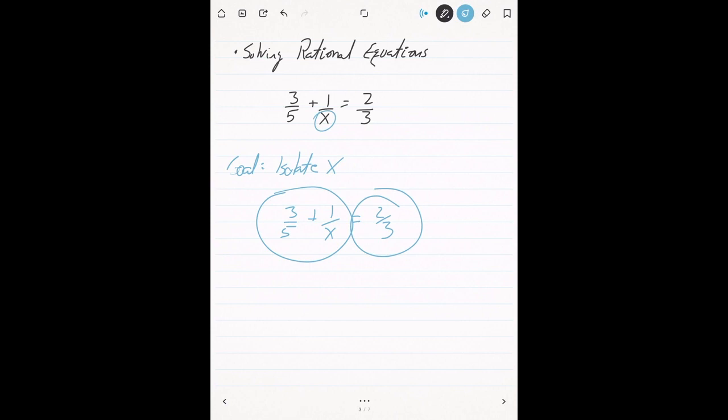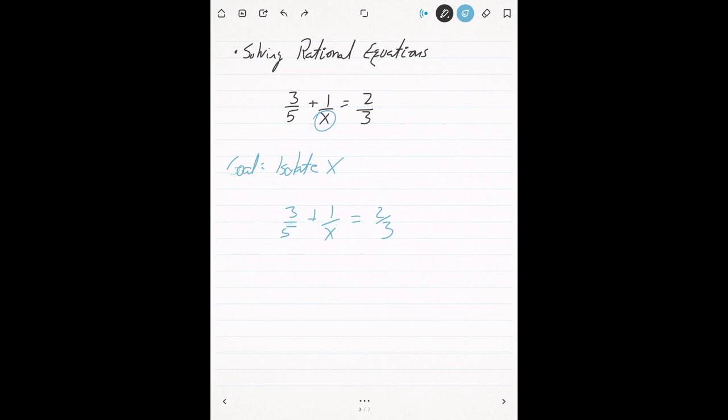It might be a good idea to simplify things down to where we have just one fraction on each side. So, is there a way that we can combine these two fractions together? Well, notice that we're trying to add them, but they have different denominators. One has a 5 and one has an x.